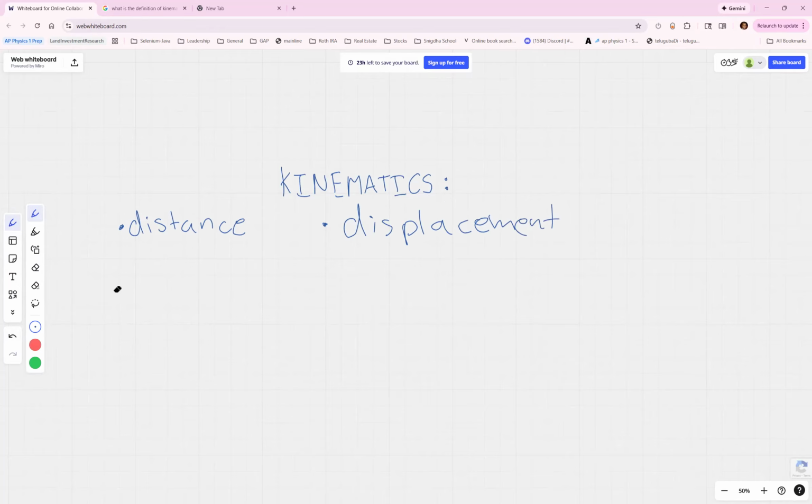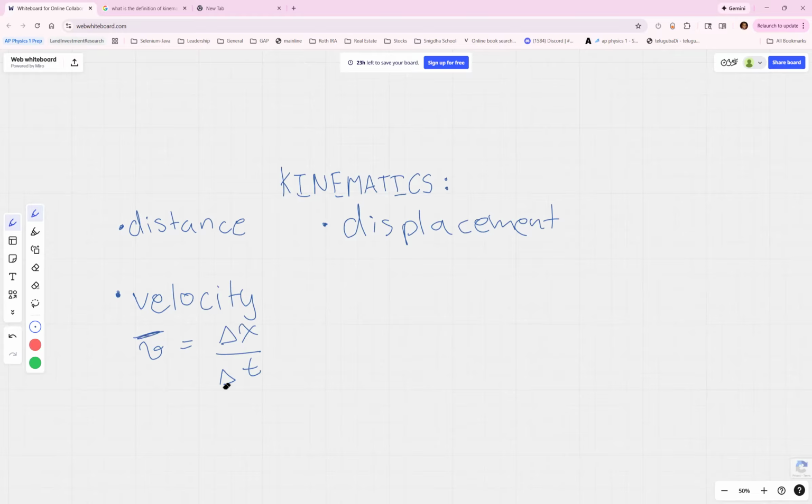Now let's go to velocity. We know that velocity is the rate of change of displacement with respect to time, which gave us the average velocity formula of delta x over delta t, with delta x being the change in displacement and delta t being the time it took for that change.